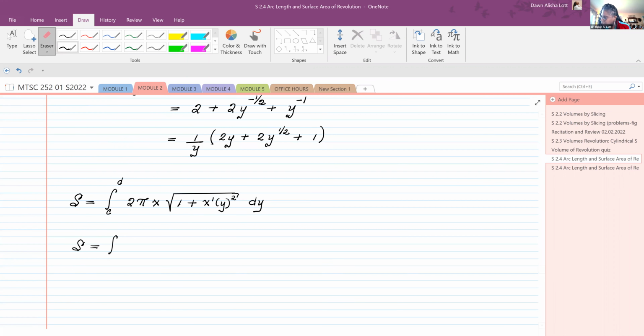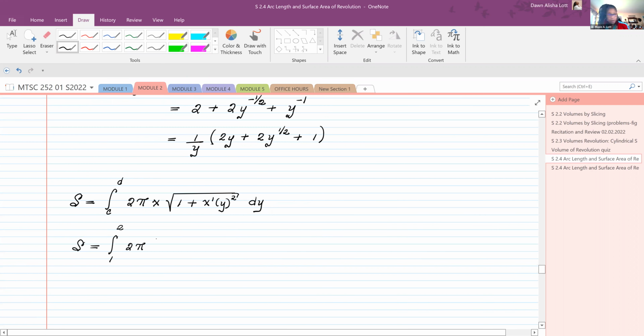Come on, Dawn. Integral of 1 to 2 of 2 pi. For x, I thought I had y plus 2 to the root of y. And then I'm going to end up with the square root, and this is a biggie, of 2y plus 2y to the 1/2 power plus 1. All of that is over y.